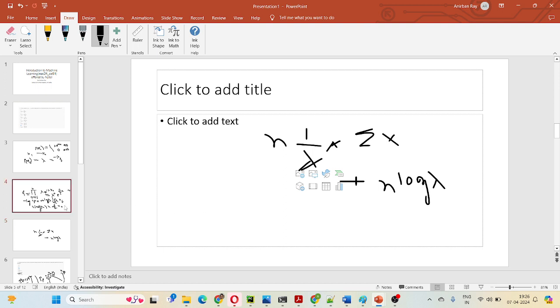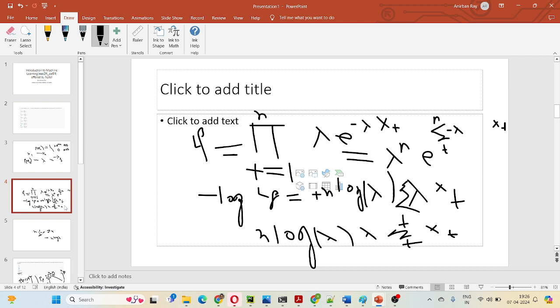Am I doing this right? Let's see. Okay, this will be plus actually. That's why I got it wrong. Because this is a product, while taking log it will become plus.